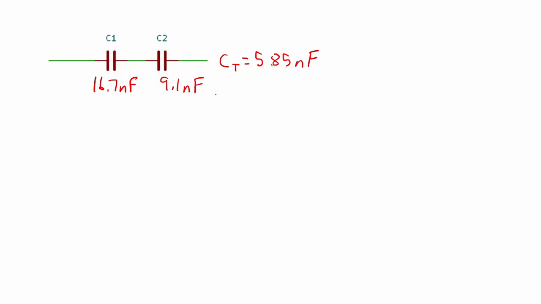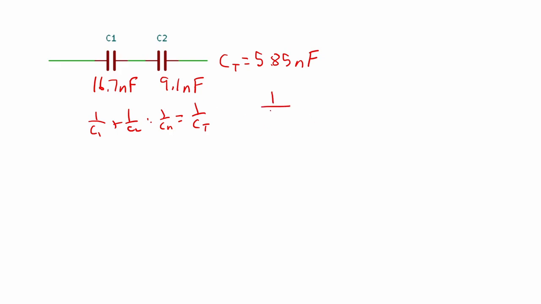Now, if we were using resistors in series, these would add up to 25.8, but we didn't get that. The reason is that capacitors work opposite of resistors. If I have 1 over C1 plus 1 over C2, and 1 over however many capacitors I have, that is going to be 1 over the total capacitance. So let's see if that's what we got here.